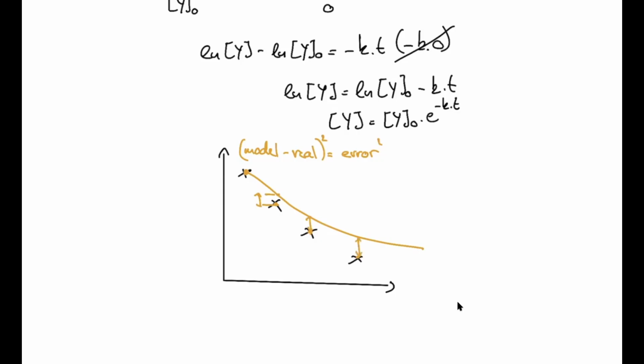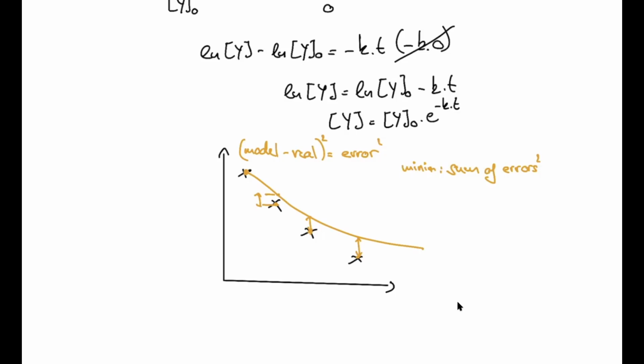So what the computer does is it takes the sum of errors squared, and it tries to minimize that. It will change the value of k. That's the logic it follows.